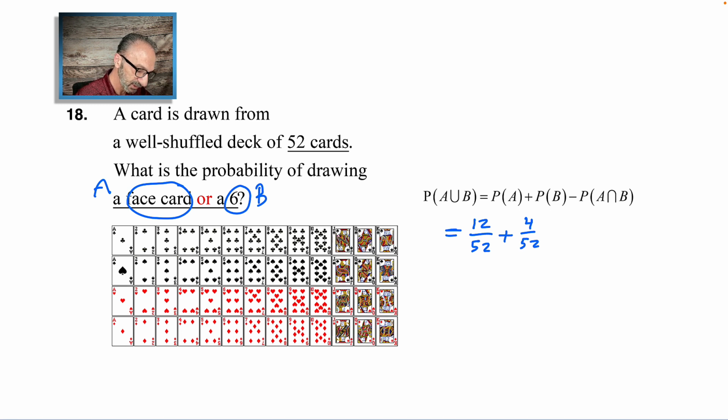There is no intersection, as we agreed. These guys and these guys have nothing in common.